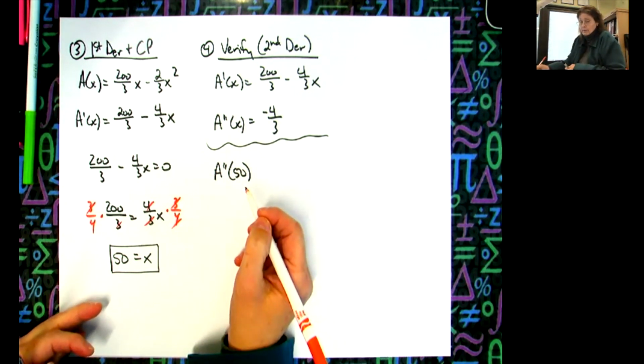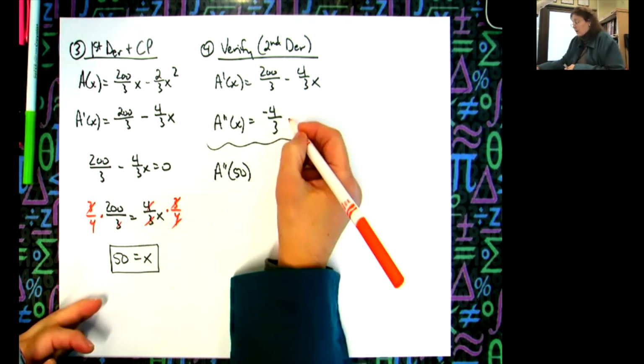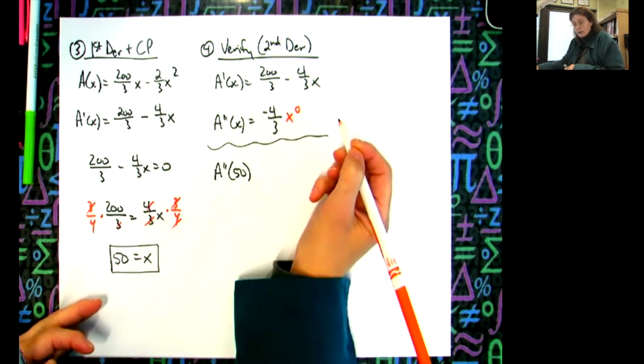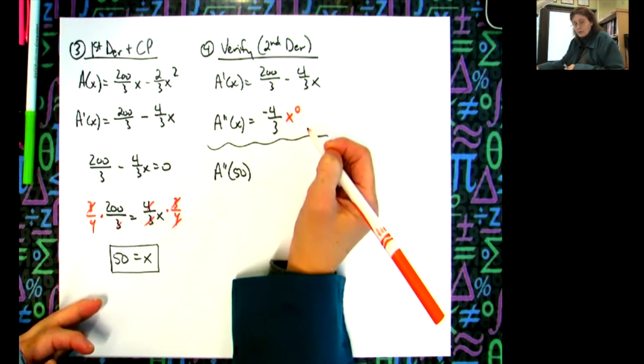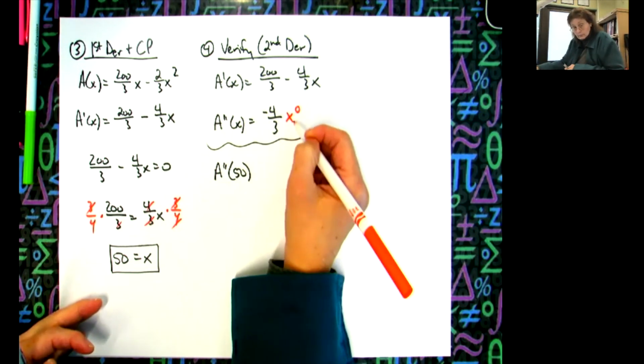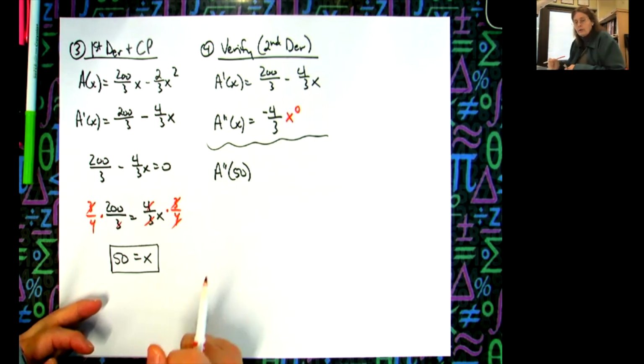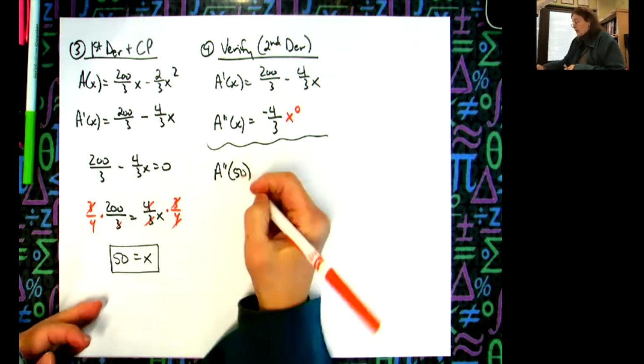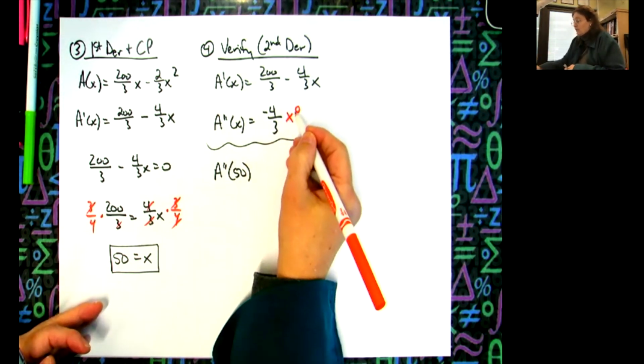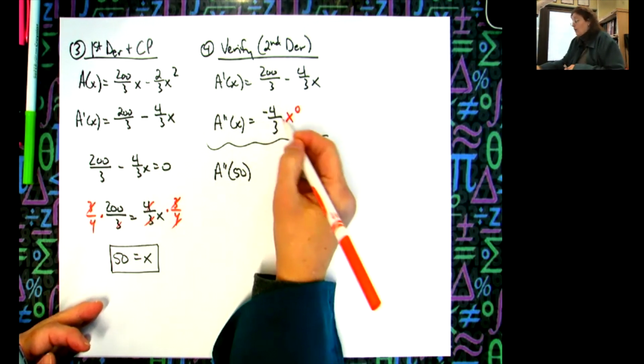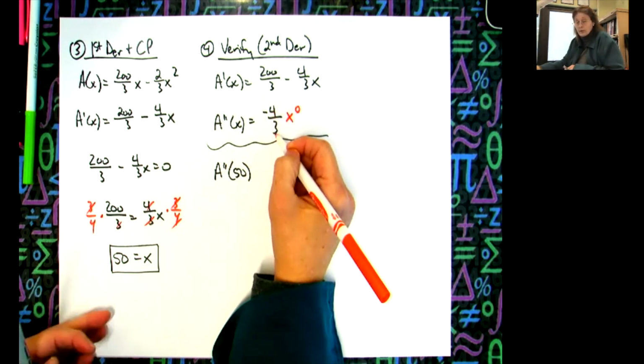Well, I need a variable to do that. Isn't there technically an imaginary x to the 0 power right there? Anything raised to the 0 power is 1. So if you want that concrete way to look at this, I can take 50, plug it in here. 50 to the 0 power is 1. 1 times negative 4/3 is just going to be negative 4/3.